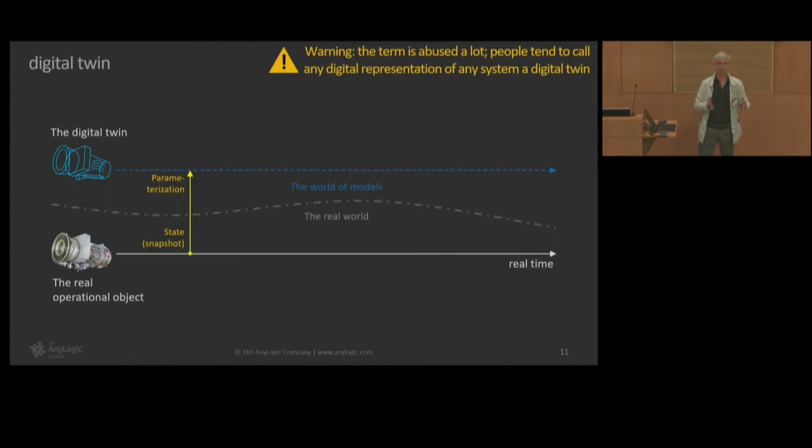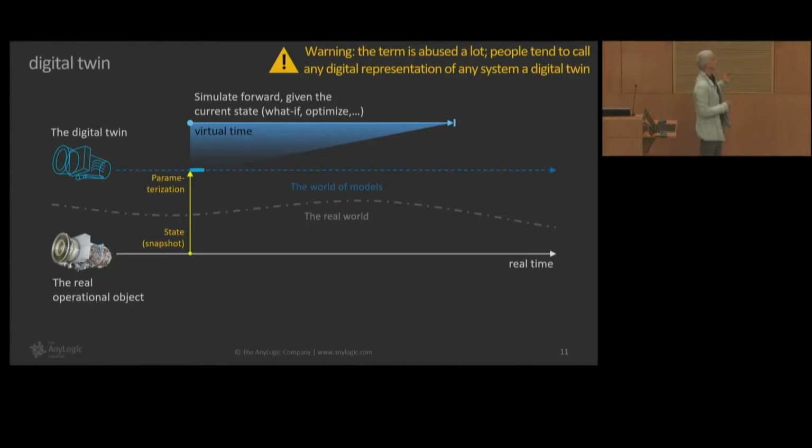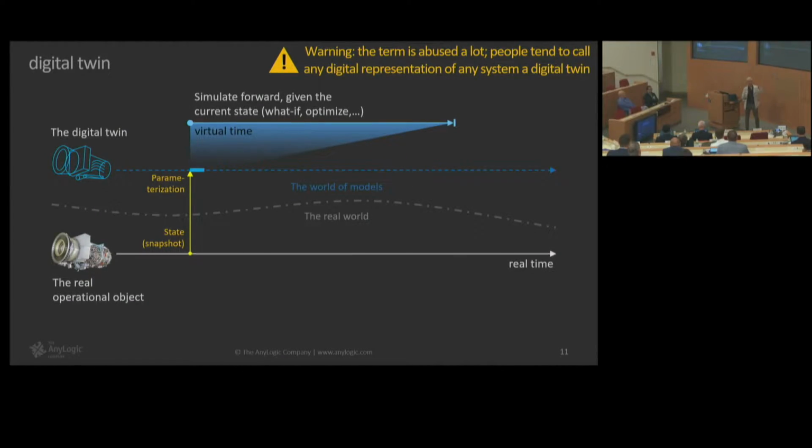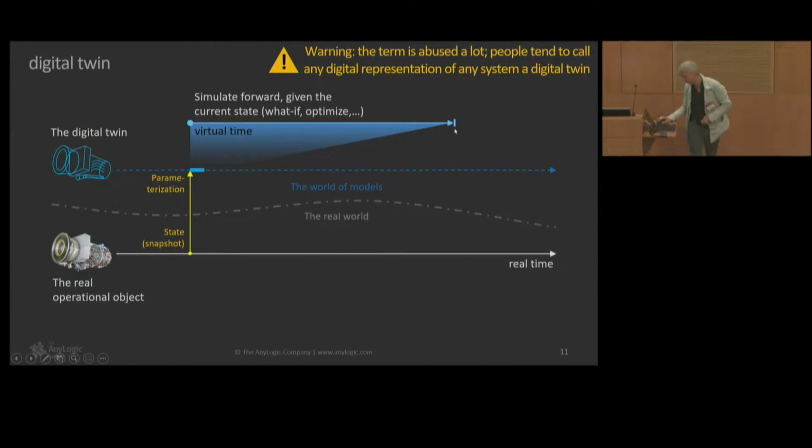It's deeply parameterized, and it synchronizes its state with the current state of the object. And then you do your simulation, maybe do what-ifs, having some virtual time horizon in mind, right?